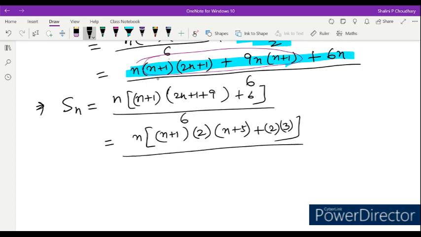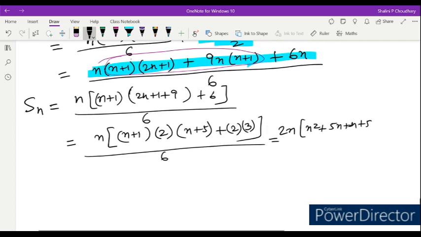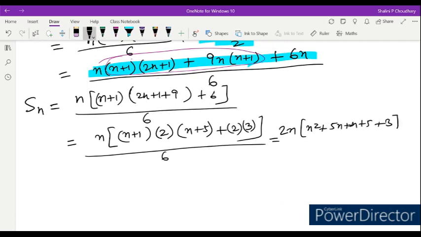Now 2 we can take common. So what value are we getting? We'll be getting n square plus 5n plus n plus 5 and plus 3, divided by 6.